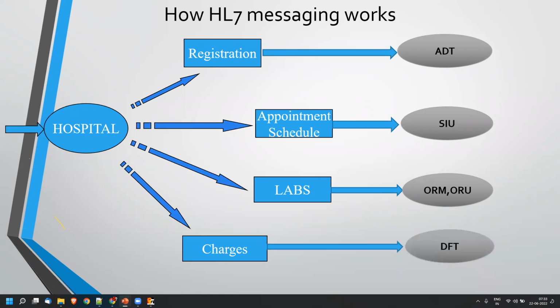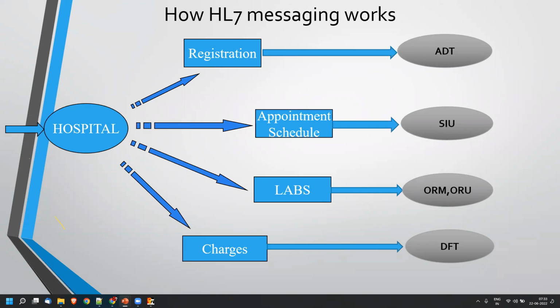Then finally, you have charges. Charges are represented with the help of the message code DFT. DFT is detailed financial transaction. Okay. So these codes are present in the HL7 message structure. And by looking at the HL7 message structure and seeing this code, we would be able to determine which type of HL7 message we are dealing with.